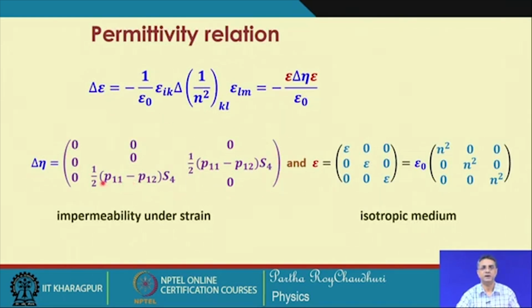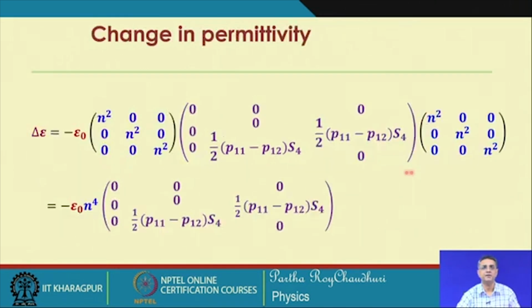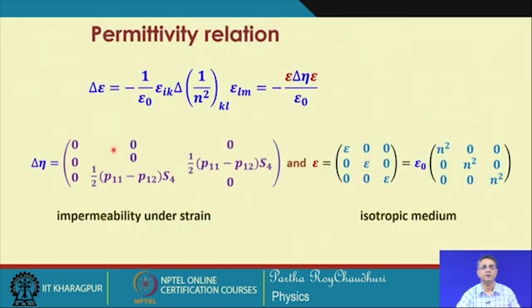impermeability change matrix. And then because it is an isotropic medium, this is the form of the permittivity tensor, and this is the impermeability tensor under strain, the isotropic medium property.